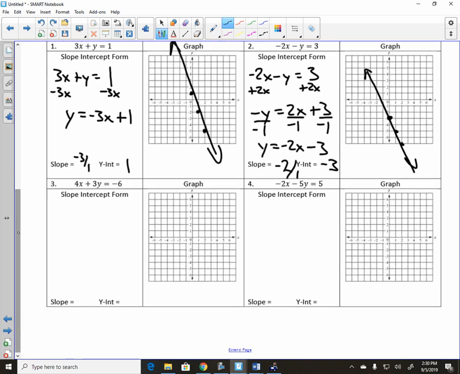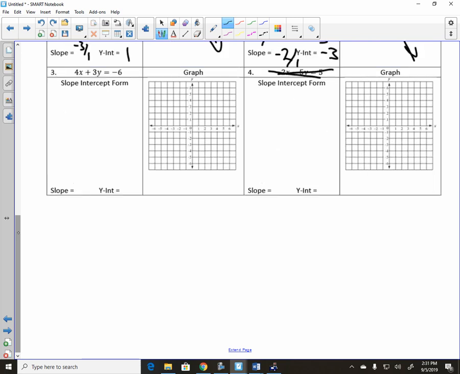We're going to leave example 4, but we are going to do example 3 together. You walk me through this. What do I do to both sides? Subtract 4x. 3y equals negative 4x minus 6. Divide the 3.